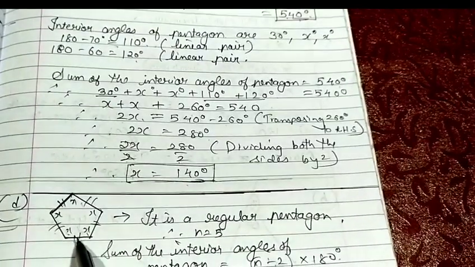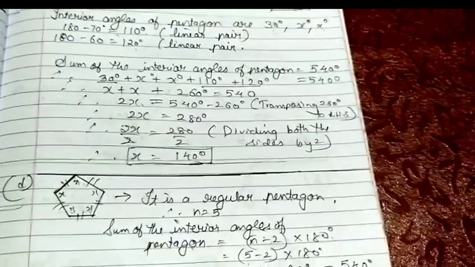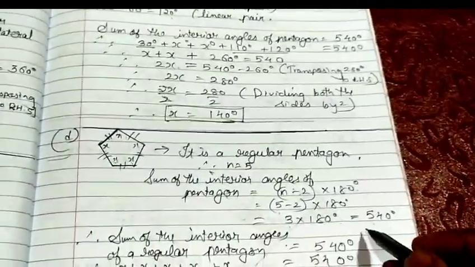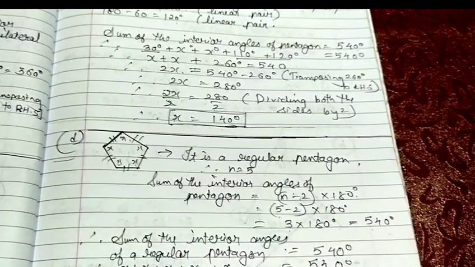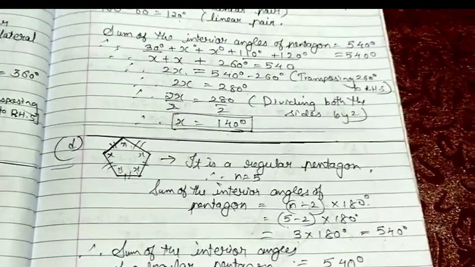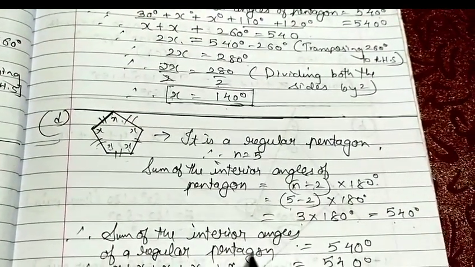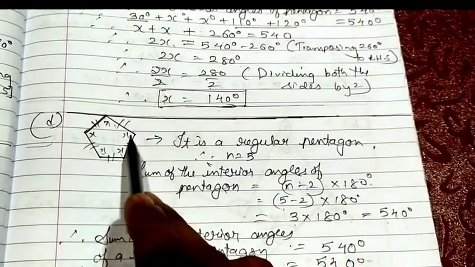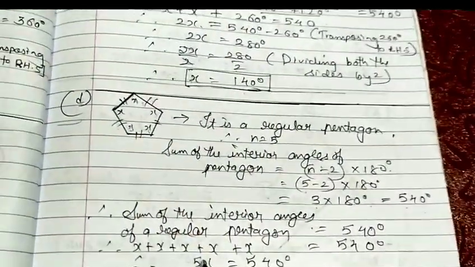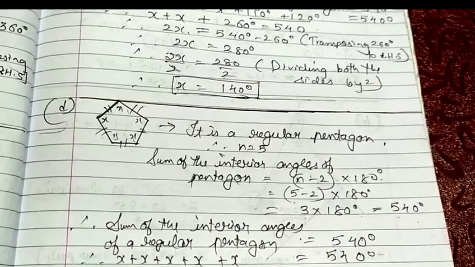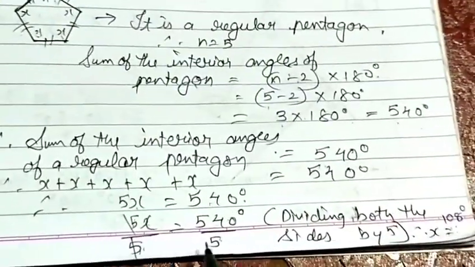But dear student, as we need to find the value of x, how many angles are there? 5. So very simple, if you divide 540 by 5, you will get the value. Now write down: the sum of the interior angles of the regular pentagon, that is x plus x plus x plus x plus x gives 540. Then 5x equals 540.